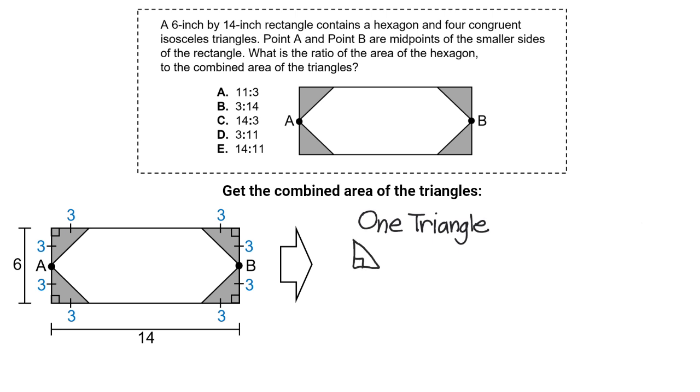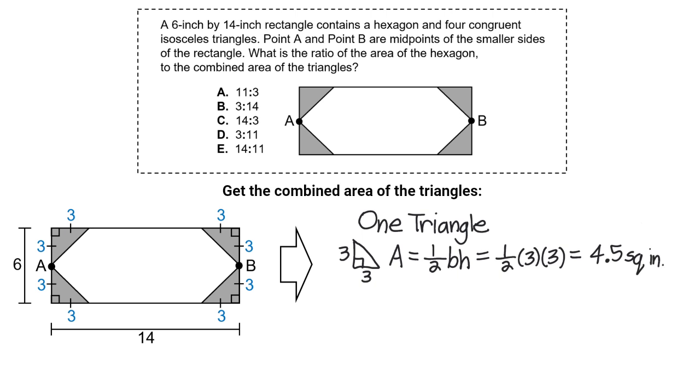Each of these triangles has a base of 3 and a height of 3. And the area of a triangle is 1/2 base times height. So that's going to be 1/2 times 3 times 3, and that's going to give us 4.5 square inches.